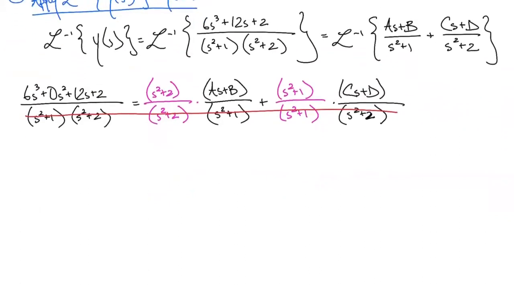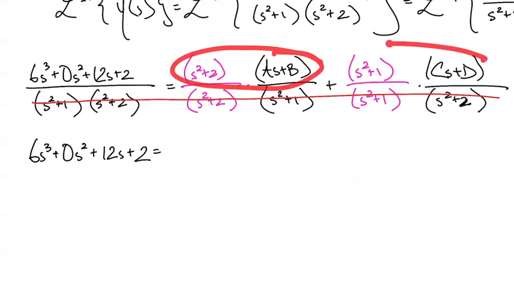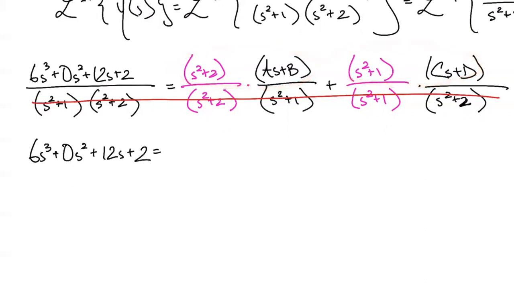Now we get to focus on our numerator. Now, let me ask you folks a question. If we focus on the numerators here, are there clever numbers that we can choose to zero out some of these factors? And if so, what would you choose?